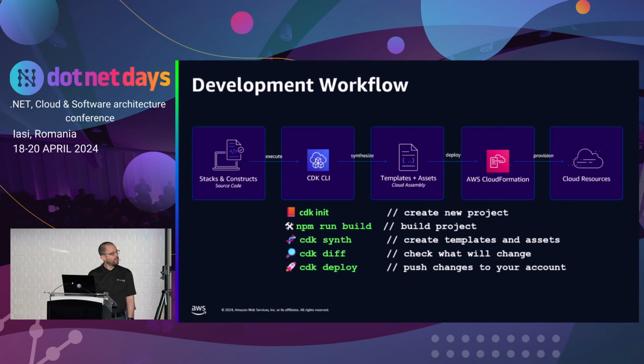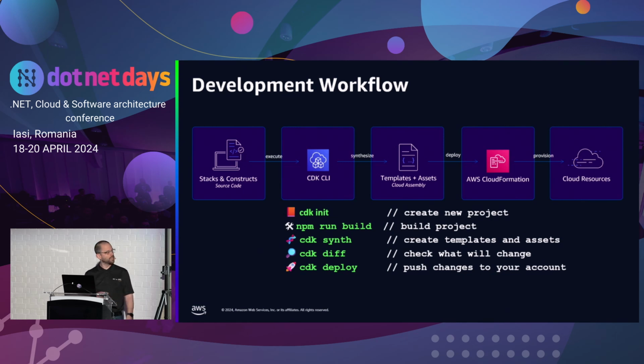So cdk synth will take your C# code, compile it, and transform this code into template files. So in our case, a CloudFormation template file and assets, binaries. So if you have some application, it can compile your application, zip your .NET application, or create a Docker image if you package your application as a container.